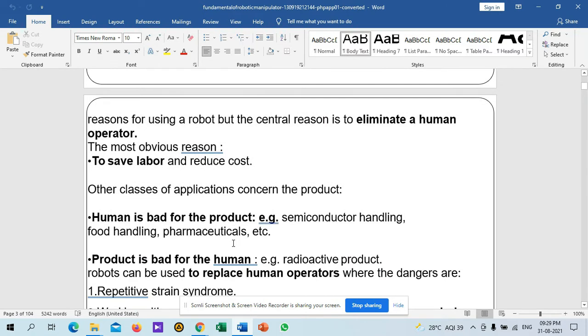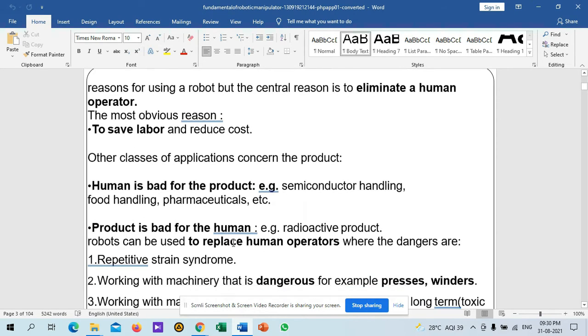The central reason for using robots is to eliminate a human operator. The most obvious reason is to save labor and reduce cost. This is one of the industrial robots we use in industries, to save labor and reduce labor costs, right?